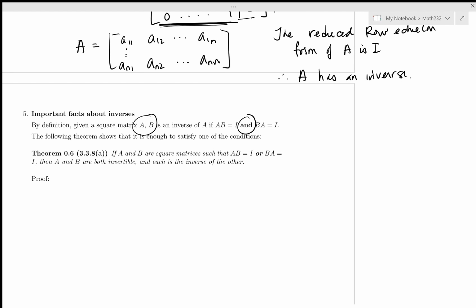So it's basically saying if one of them is true, then they're both invertible and the other one is true.